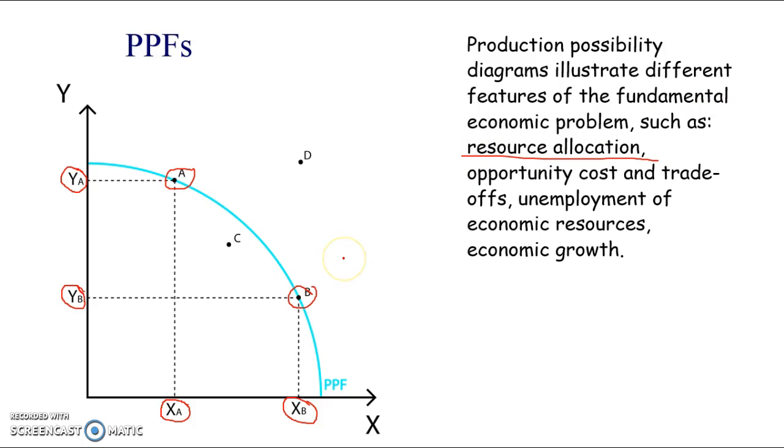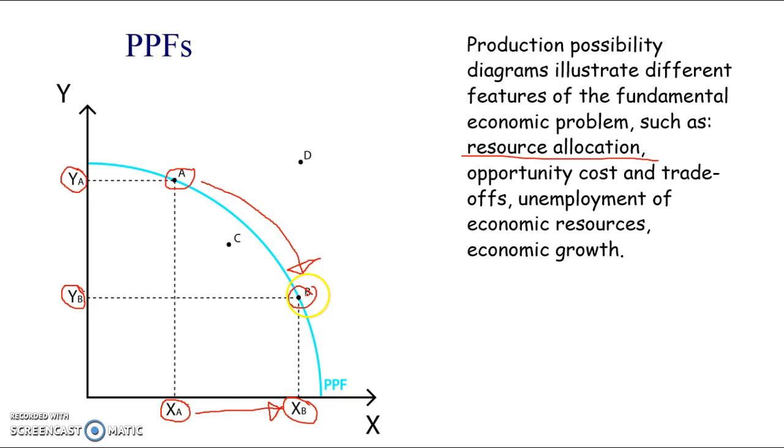Okay, opportunity cost then. To show opportunity cost, we have to show a movement from one point to another. So if we imagine that we started off at A, where we were producing YA and XA, and then we decided for some reason that we were going to produce B, we were going to produce more of X, so this is what we're gaining.